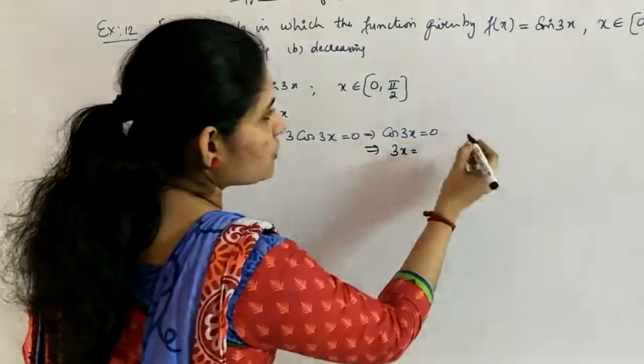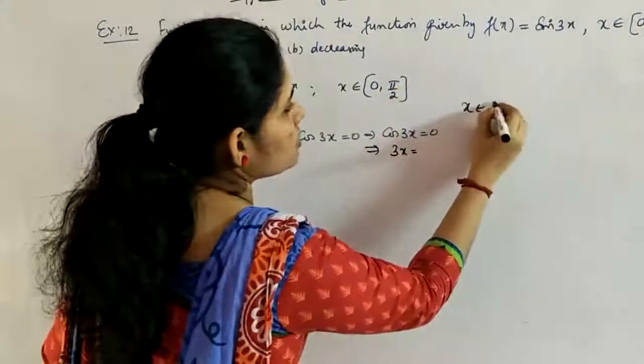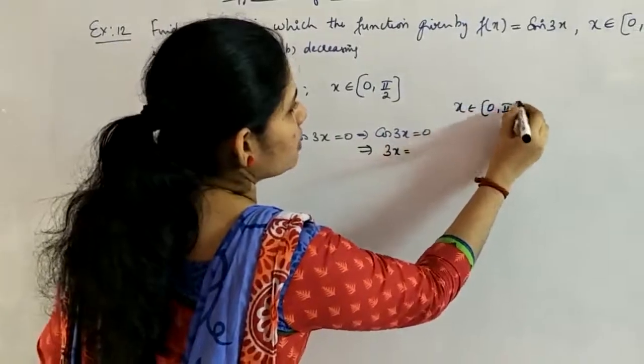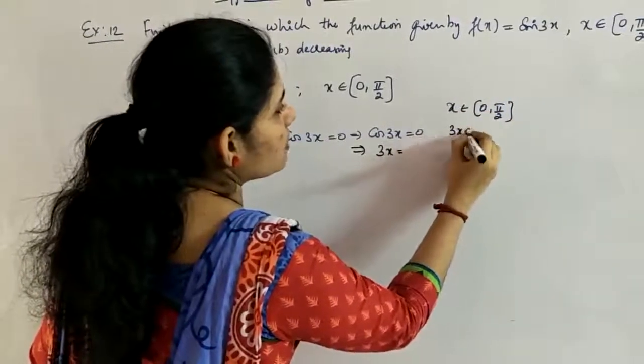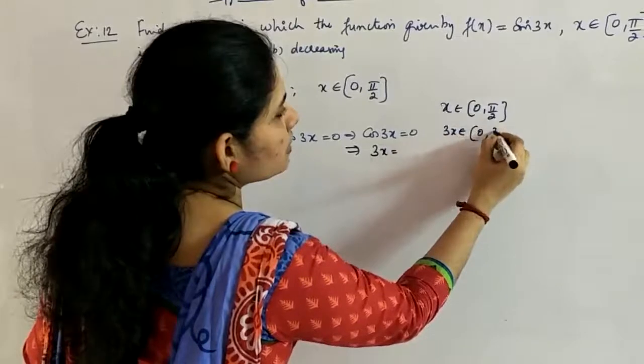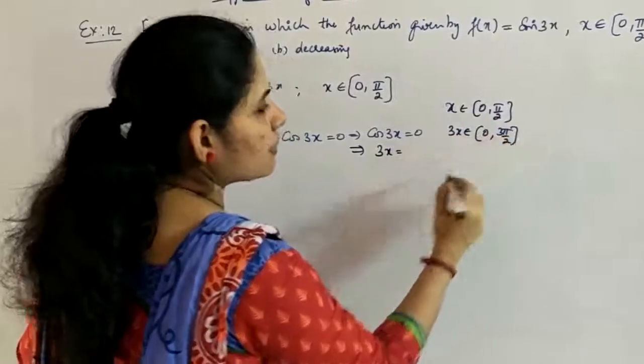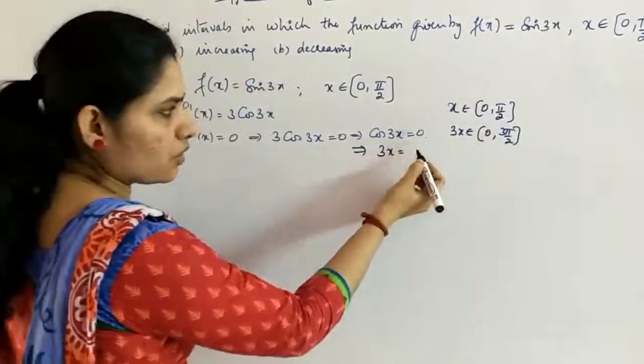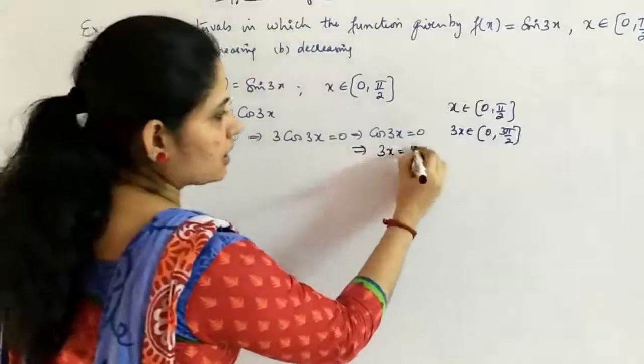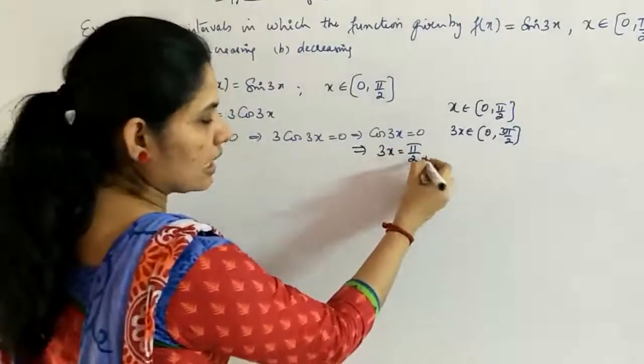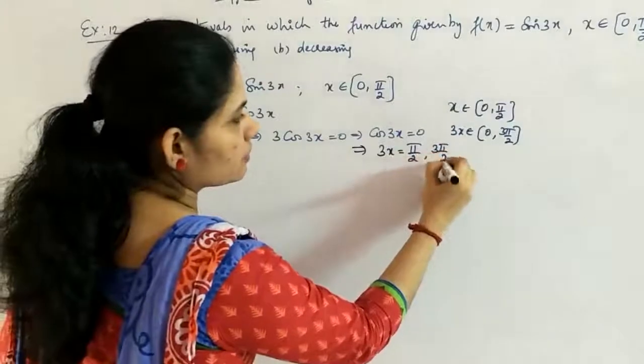Since x belongs to 0 to pi by 2, you can say that 3x will be belonging to 0 to 3 pi by 2. So till 3 pi by 2 we will find all those values which will give you cos of that angle 0. So you will get pi by 2 which will give you 0 as well as 3 pi by 2.